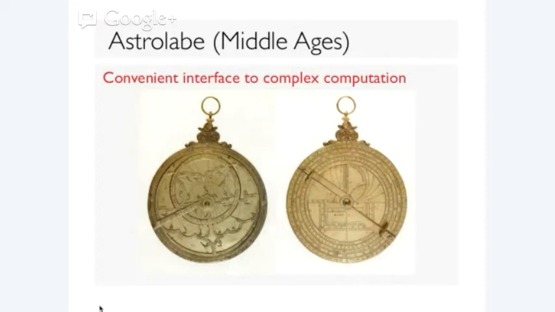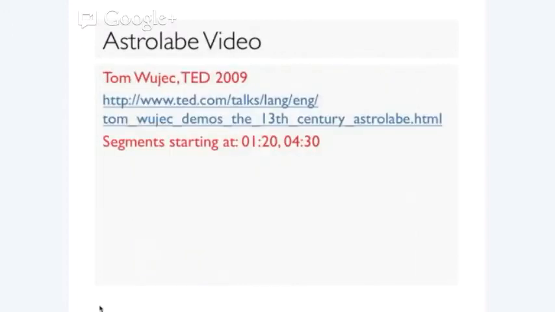So think of trying to compute the time just from a position of a known object in the heavens. That's kind of a difficult computation to do, but it was made easier by just very clever layout of different moving parts. So I thought I'd show you.